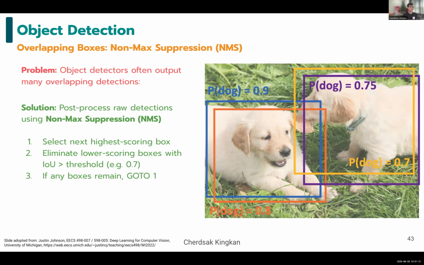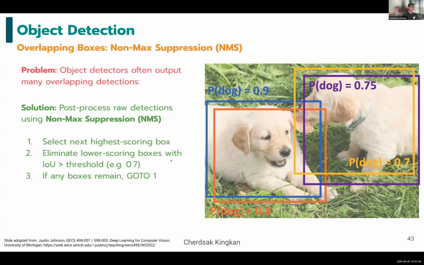Let's take this as an example. For this image, we have four regions that overlap with each other, and each region has a probability of the prediction that the model gives us. For example, for the blue region here, the model gives the probability of this region being a dog as 0.9. For the orange region, the model gives a probability of 0.8, and so on.